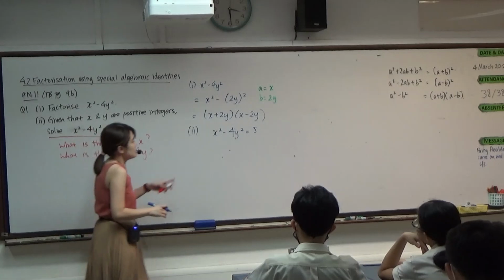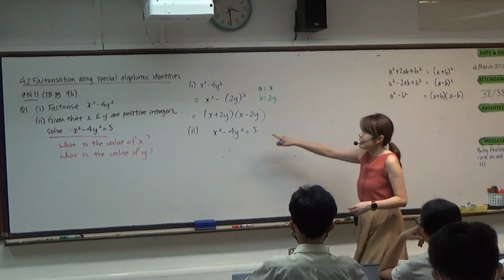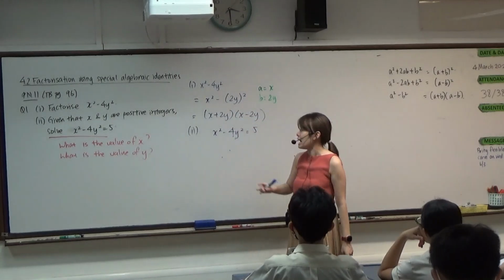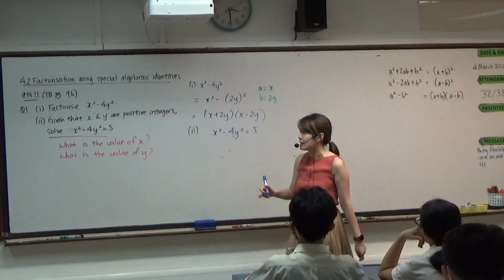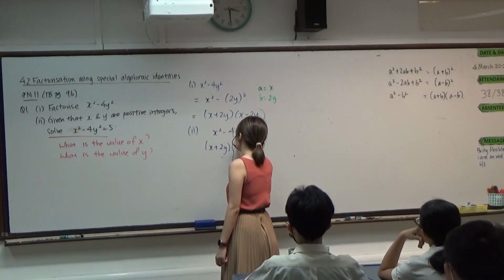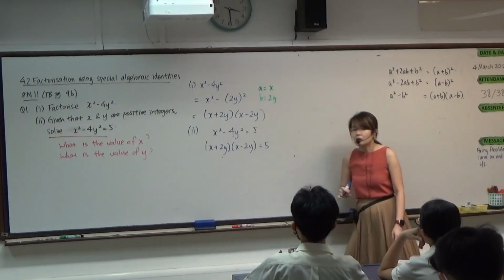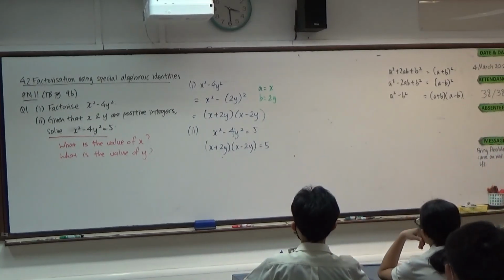Given that x squared minus 4y squared equals 5, and since we have written something in part 1 regarding x squared minus 4y squared, let's apply it. We are going to get x plus 2y times x minus 2y equals 5.